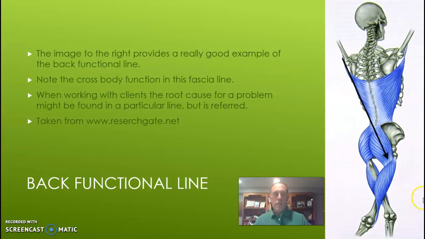If a person has an issue up in their right lat, you might have issues anywhere along this fascia line down to the left glute, down to the left lateral aspect of the leg. And so you start to look at it in terms of IT band work, perhaps there's other stuff on the backside of the body we need to work, in the glutes.